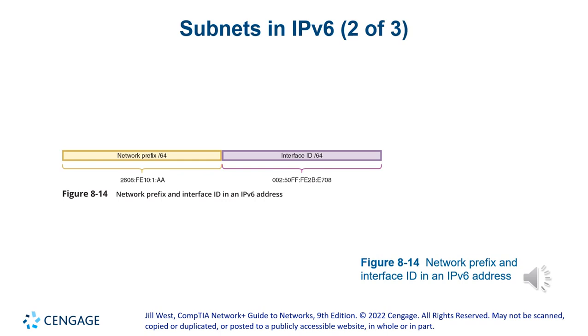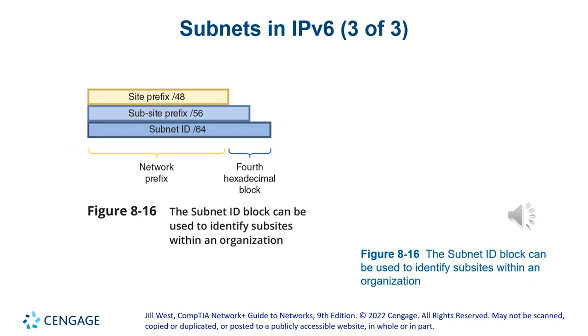So like I said, IPv6 is 128 bits, so it's divided into 2 pieces: the prefix of 64 and the interface, the second half of the IP address. So if I have the prefix with the whole 64, then I have no different networks.